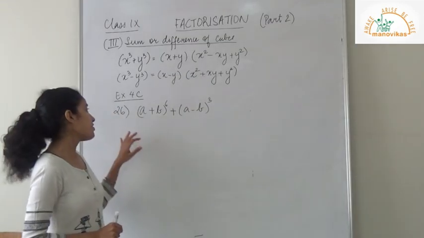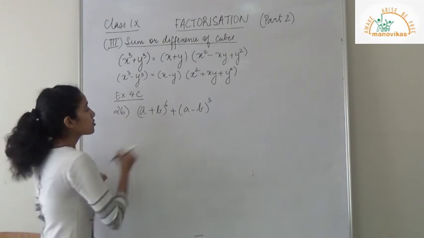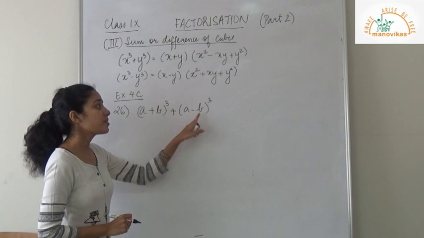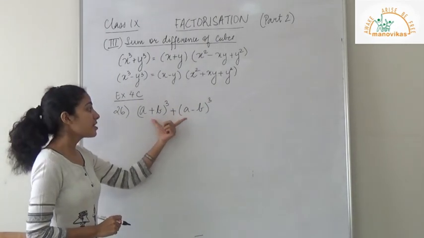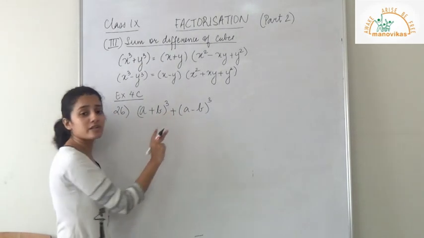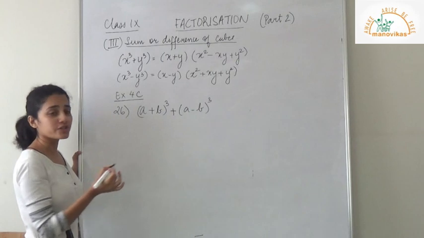Let us consider another example from the same exercise, problem number 26. Now note that this is a plus b the whole cube plus a minus b the whole cube. Here again we have two terms with cube, but you see that in the brackets there are different terms. So in this case we make a substitution.